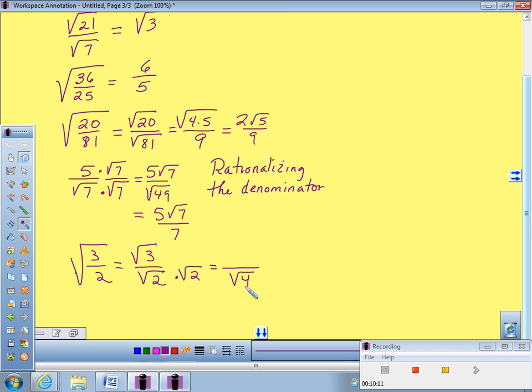When I take it times itself, I'll get 4, which is a perfect square number, and will break down to be 2 in the denominator. But if I multiply the bottom times the square root of 2, I've got to multiply the top times the square root of 2, which is going to give me the square root of 6. And so I'm actually going to end up with the square root of 6 all over 2. Rationalizing the denominator is simply getting rid of the root in the denominator so that you have an easy number on the bottom with which to make a common denominator if you needed to.